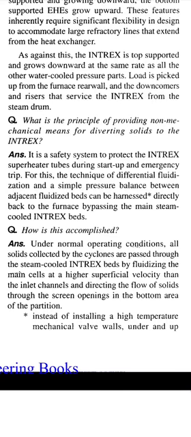Under normal operating conditions, all solids collected by the cyclones are passed to the steam-cooled Intrex by fluidizing the main cells at a higher superficial velocity than the inlet channels and directing the flow of solids through the screen openings in the bottom area of the partitions.